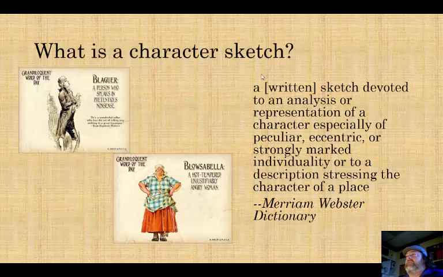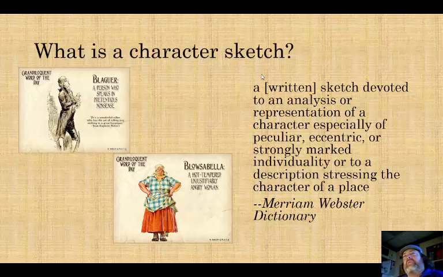A character sketch is devoted, this dictionary definition, devoted to an analysis or representation of a character, especially peculiar, eccentric, strongly marked individuality, or to description stressing a character of a place. I've got a couple of overblown examples here on the screen.